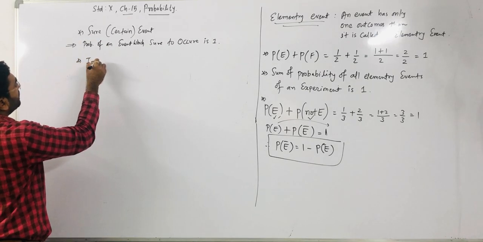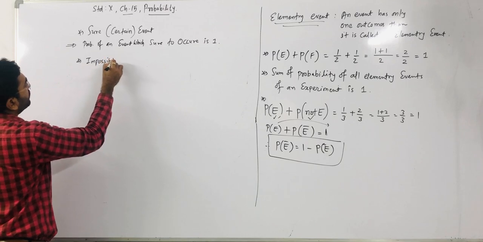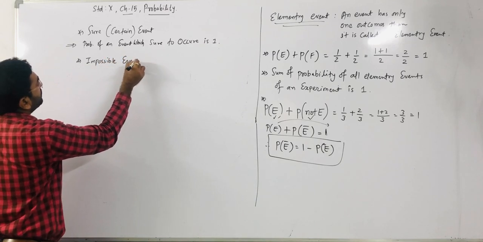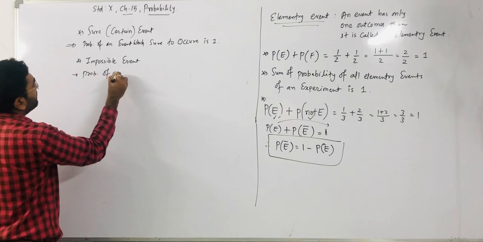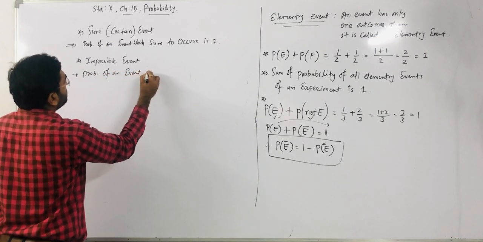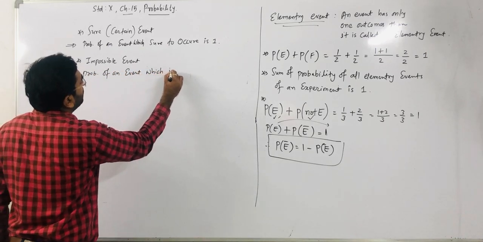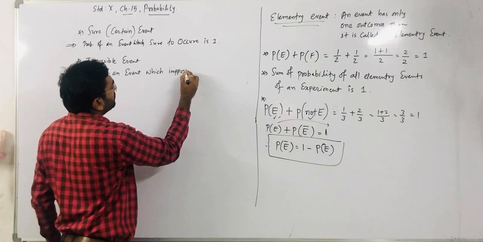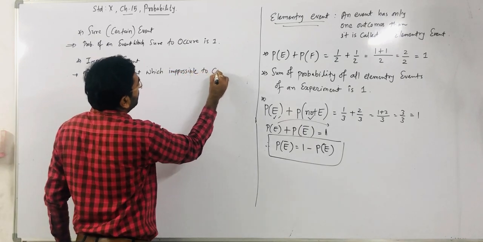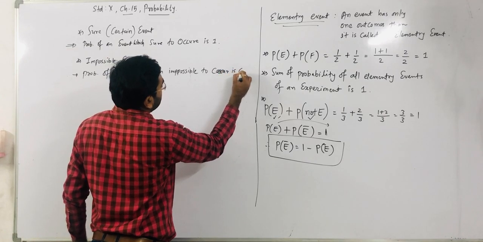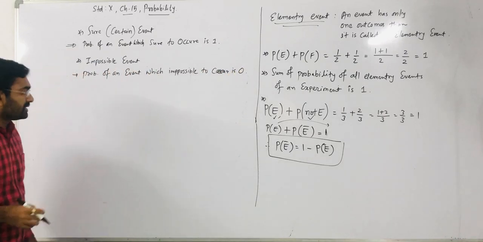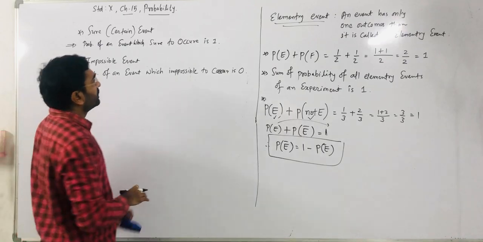And another one is the impossible event. So impossible event means what? The probability of an event which is impossible to occur is 0.